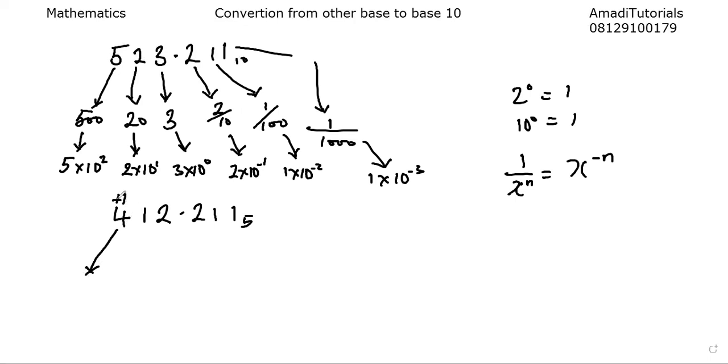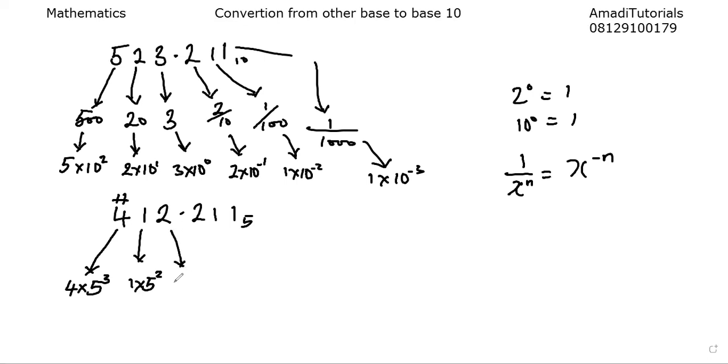Then its numeric value is what? It will be 4 times its base. Remember, this one was 5 times its base raised to the power of its place value. So this one will be 4 times its base. What is its base? 5. Raised to the power of what? 3. And here will be what? 1 times 5 raised to the power of 2.